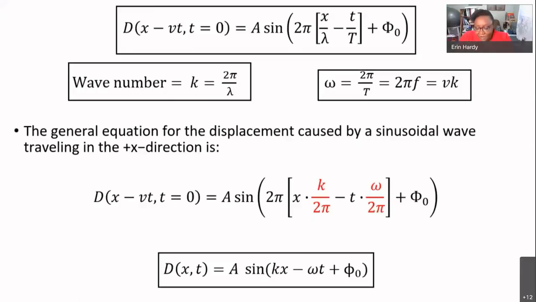We also saw that omega could be an angular speed depending on the context of the problem that we were working on. The point here is that omega is going to be equal to 2 pi over the period. And we just uncovered the fact that v over lambda is equal to 1 over the period.